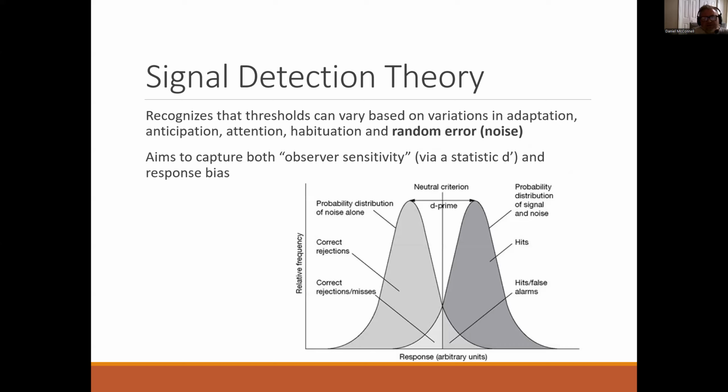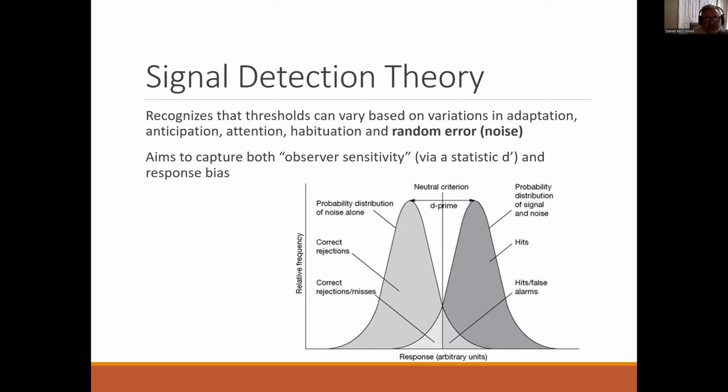So we're not simply going to average out the errors to measure the true sensitivity, but we're going to use more complex statistical methods that will measure both the observer's sensitivity, that is recorded by the statistic referred to as D prime, and then we can also separately measure a particular person's response bias, that is, their tendency to say yes or to say no on a given trial is influenced by a particular bias to do so.